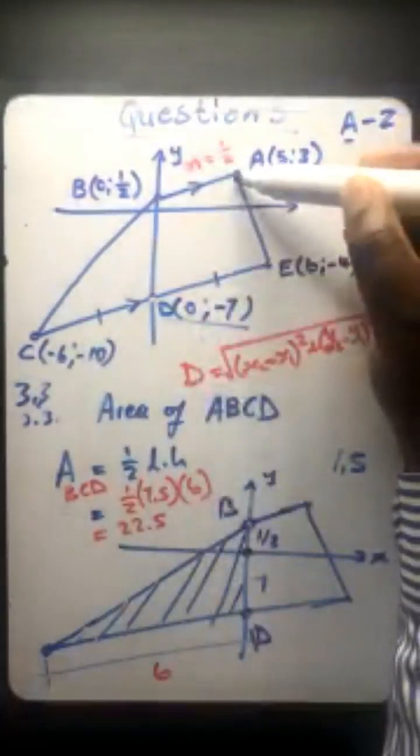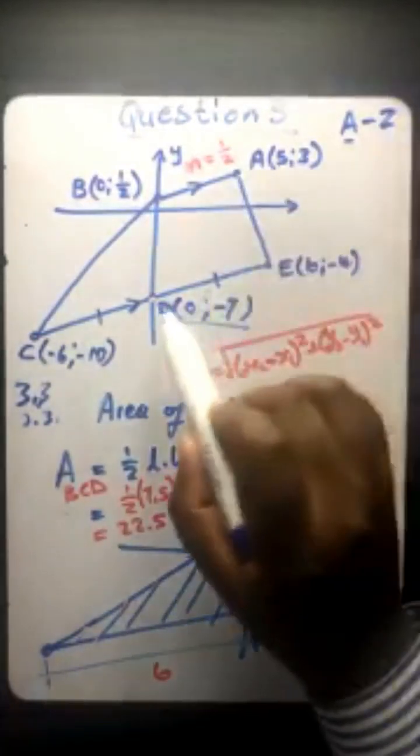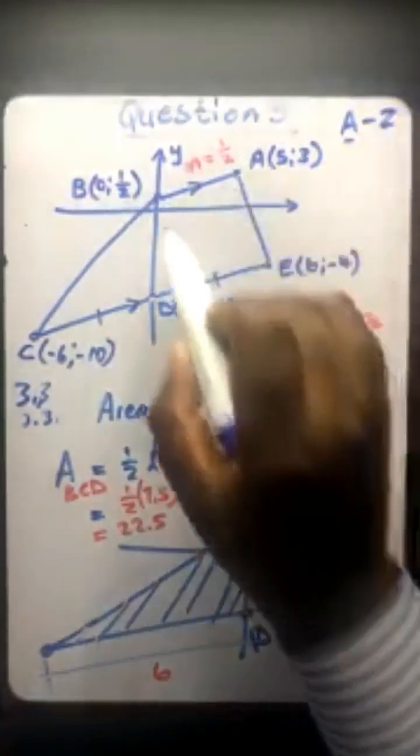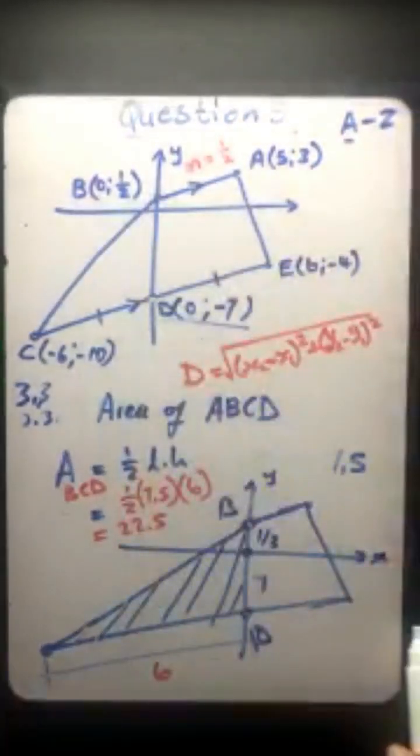Only if this one also was a vertical line, then this would equal that, and that would equal that.